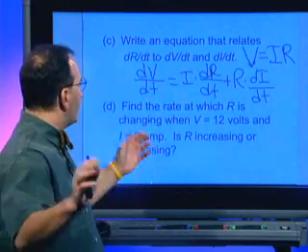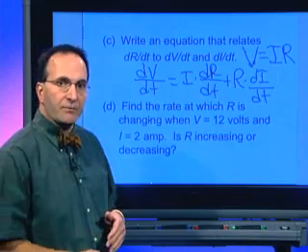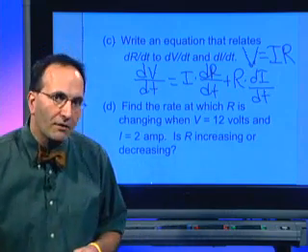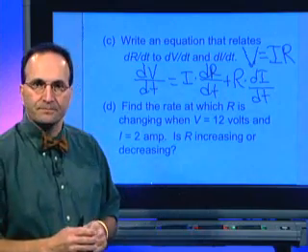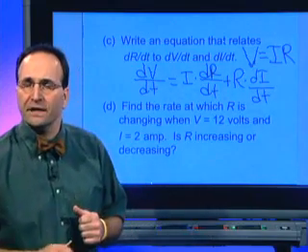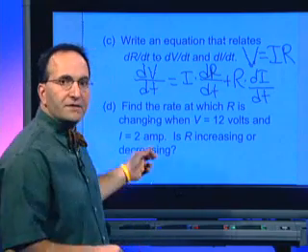The final part says find the rate at which R is changing when V equals 12 volts and I equals 2 amps. And is R increasing or decreasing? Okay, I need more space.